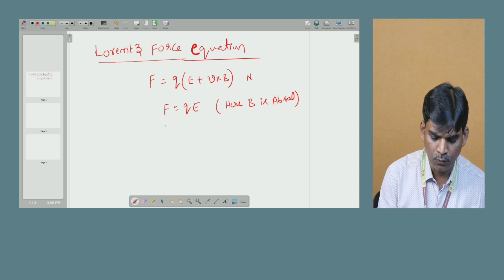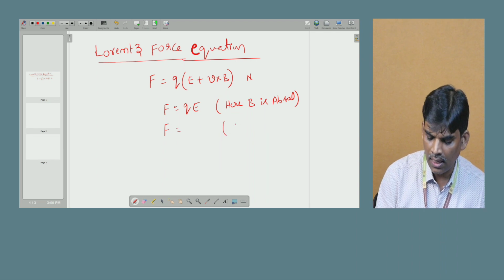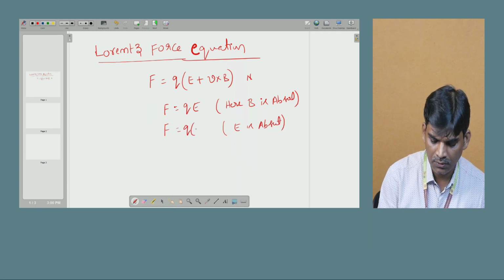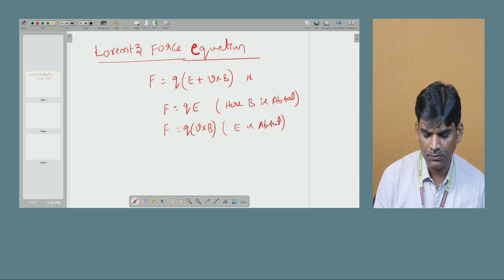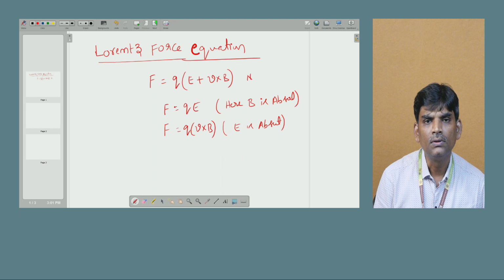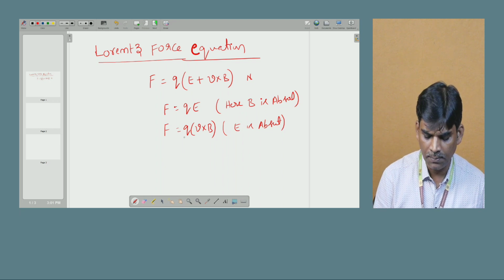If the particle is in only a magnetic field, that means the electric field is absent. At that time the force is equal to Q V cross B newtons. According to the right hand rule, the force is always perpendicular to both the velocity of the charged particle and the magnetic field.